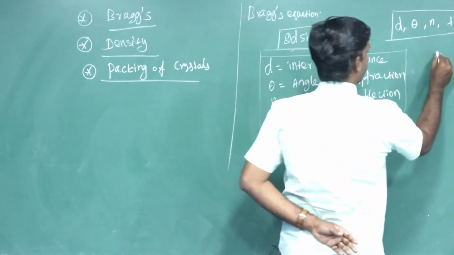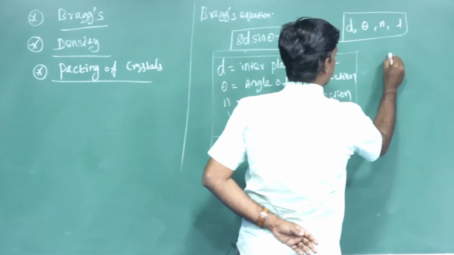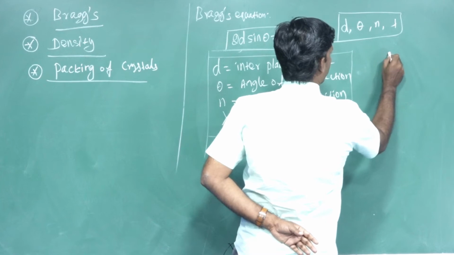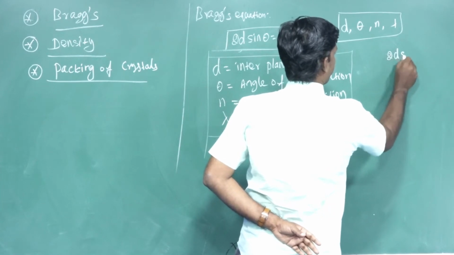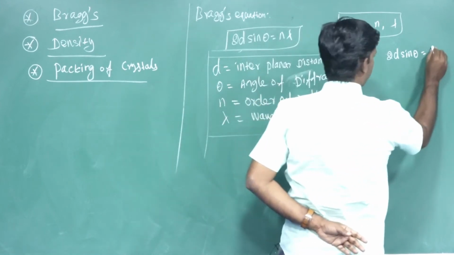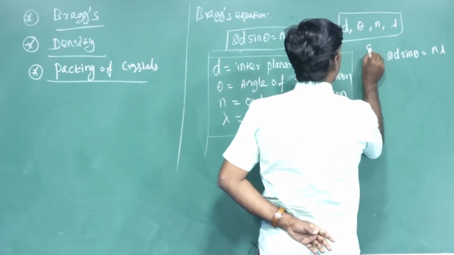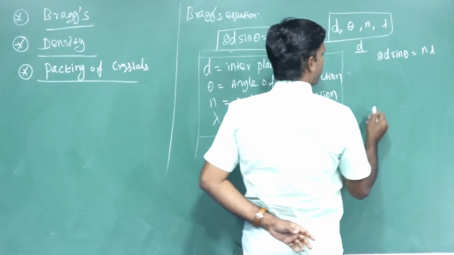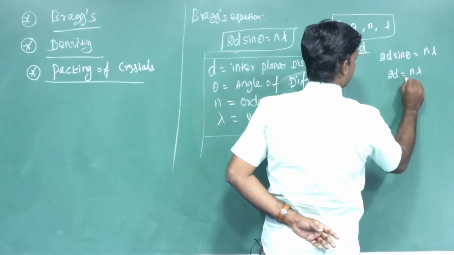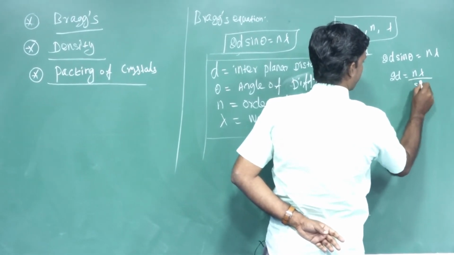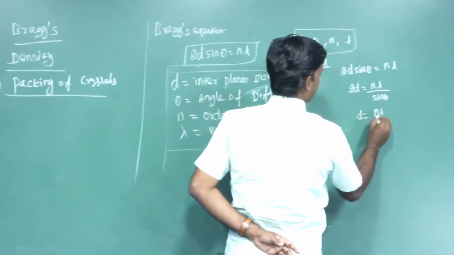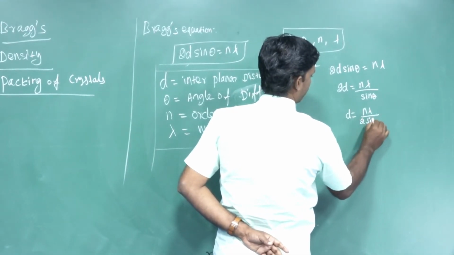For example, you want the d value, the interplanar distance. What is Bragg's equation? 2d sin theta equals n lambda. Now you want to calculate d. Then 2d equals n lambda by sin theta, so d equals n lambda by 2 sin theta.